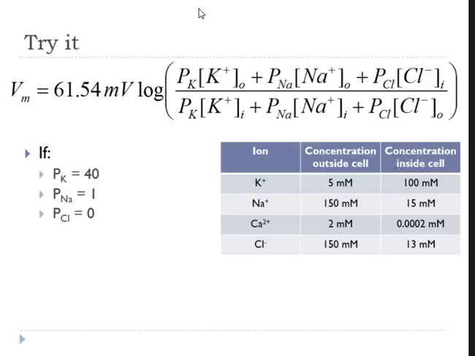It's pK times K out plus pNa times Na out. And you have to do all of that before you do any division. So you have to be really worried about your order of operations when you're doing these equations. So I'd like you to go for it on this equation, for these permeabilities, and then try it again if we increase sodium's permeability so that instead of 1, it's 200.